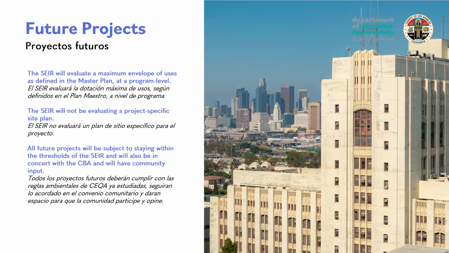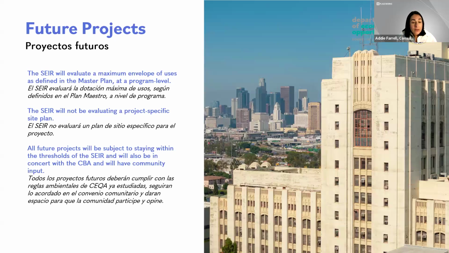Okay. So what about future projects? Again, the EIR is looking at kind of a maximum development envelope at a program level. The EIR will not be evaluating specific project site plans because those are all future activities that are going to take place.